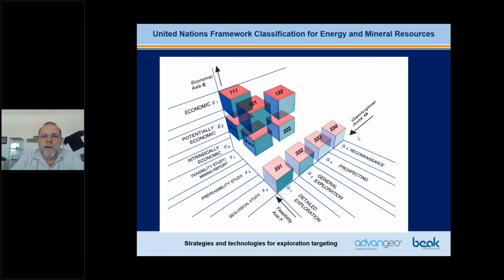This informs us about the situation, the geology of the deposits, the grades, etc. Then we have the feasibility axis. This axis, or this knowledge, informs us on how the mineral can be extracted from the ore, what the technology is about. And then we have the economic axis informing us whether the deposit can be mined with profit or not.